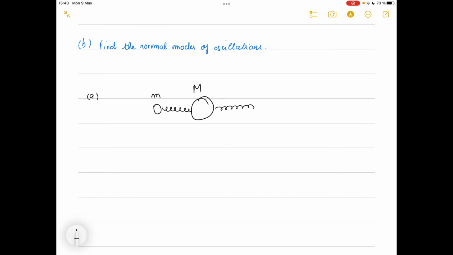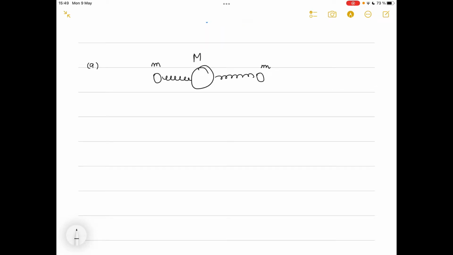And then we've got another spring, and this one is also mass m. And they have an equilibrium position, which could be, for example, this, so that the dots are the center of mass. This will be x2, this will be x1, this will be x3, and each spring has a constant k.